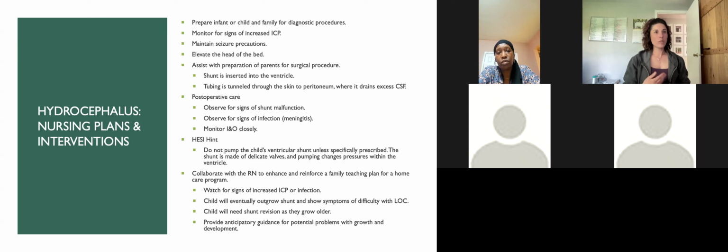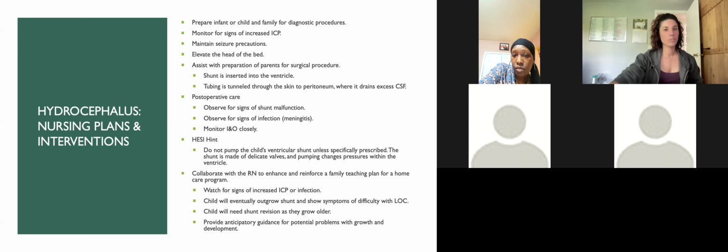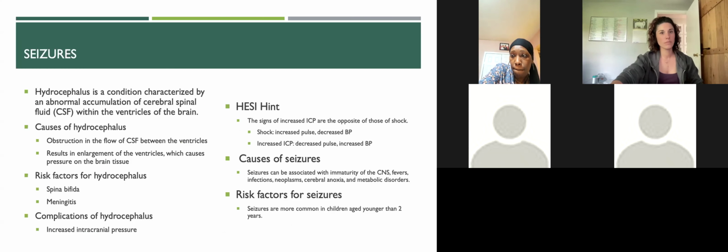So we also need to help them with potential growth and development issues that come along with it, looking out for those signs that we need to revise that shunt or that it's not working appropriately. Seizures are very common with hydrocephalus because we've got that increased pressure in the brain. And we talked about the causes where we've got that obstruction in flow, increased enlargement.